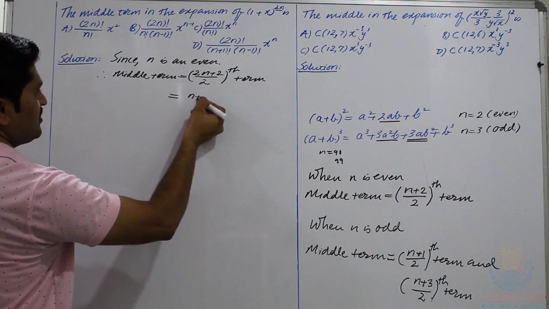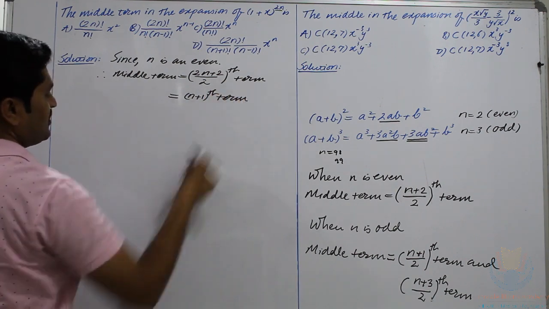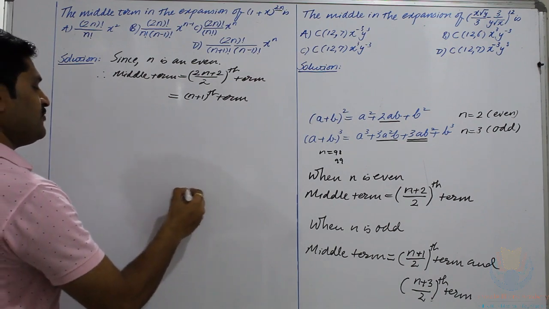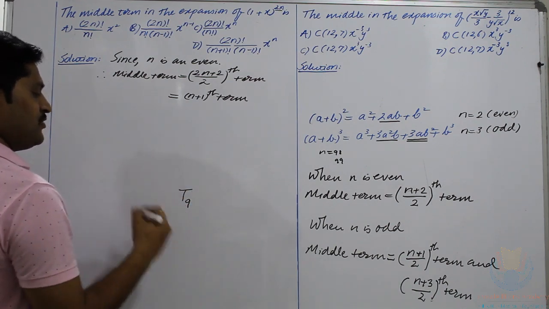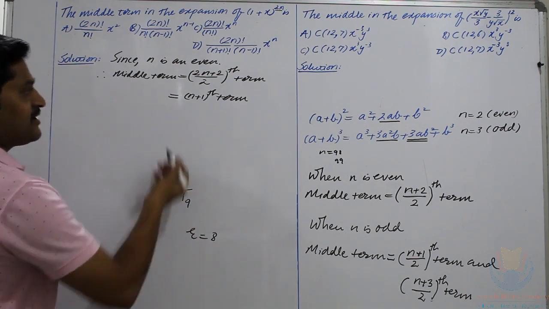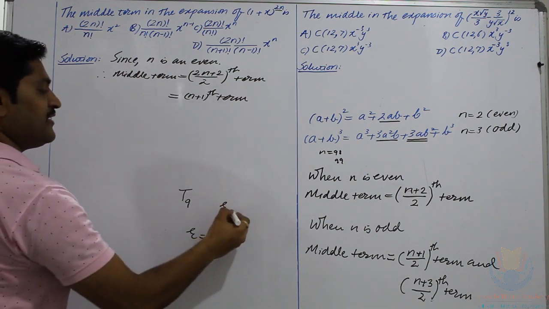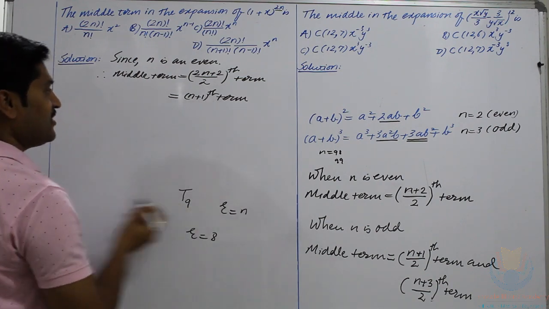So this is the (n plus 1)th term that is going to be in the middle. So as you know, whenever we want to find the value of T9, we put the value of r in that formula as 8. Similarly, as we want to find the (n plus 1)th term, then we will put the value of r to be n in this formula.